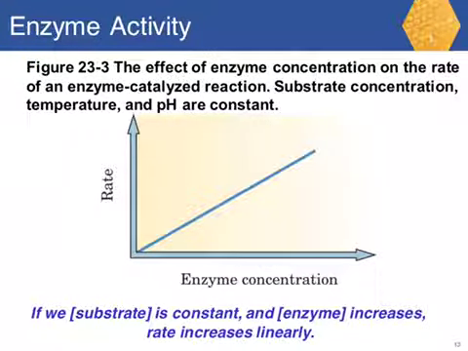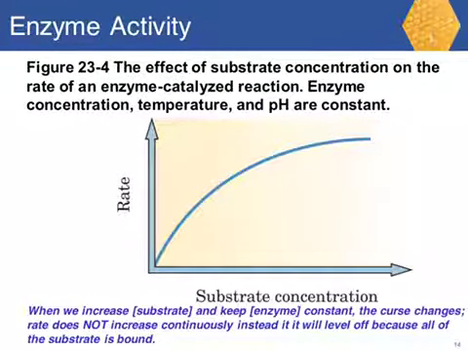So what this is showing you is basically the effect of changing the enzyme concentration on the rate of a reaction. If substrate concentration, temperature, and pH are all constant, and the only thing that we're changing is enzyme concentration, you can see that if we increase the enzyme concentration, we increase the rate of the reaction linearly. That's all this is showing.